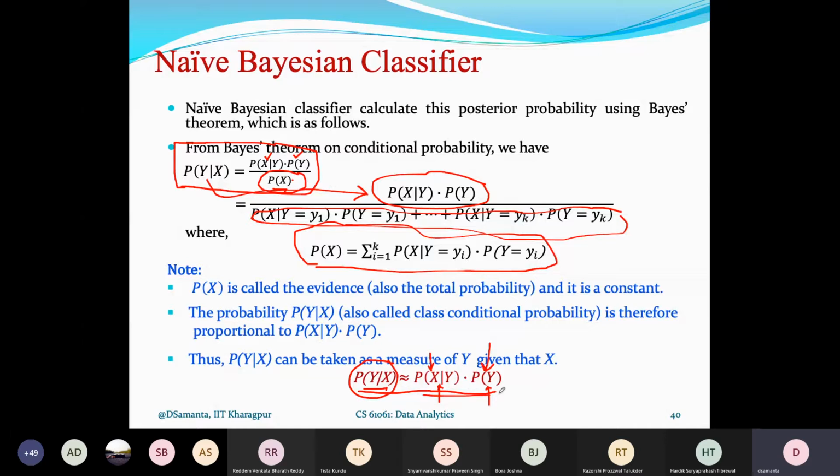Now, if we have these two probabilities, then we shall be able to calculate the probability that this data x belongs to the class y. That's all. So this probability calculation is Bayes theorem, and this probability calculation for any test data belonging to any class level is quite easily possible.